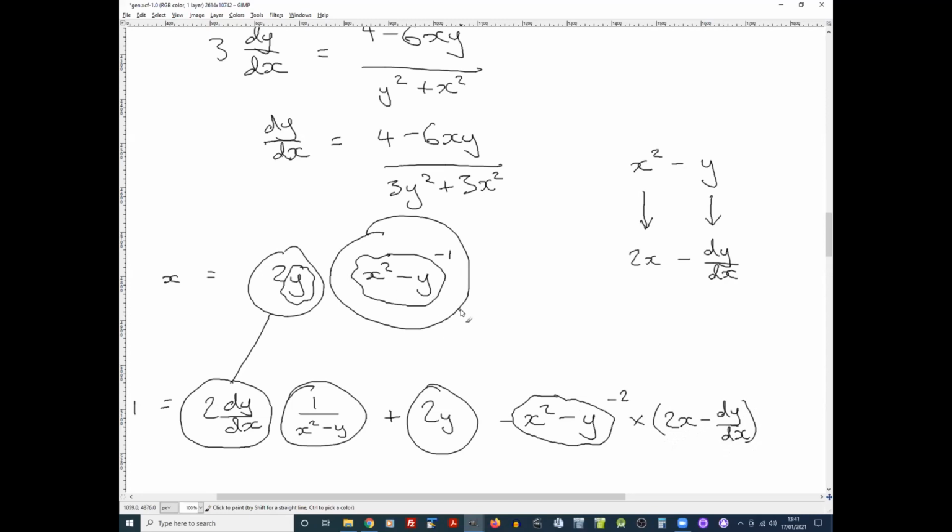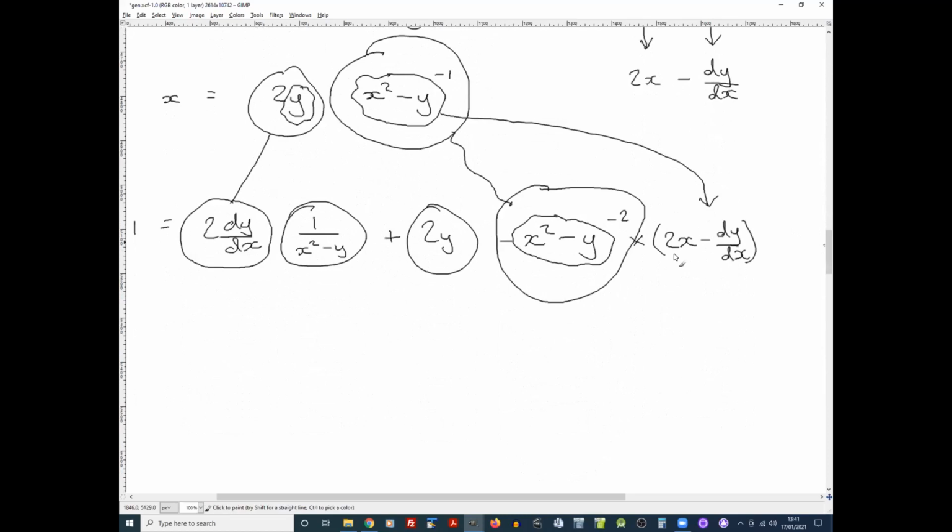So there will be a lot to clear up. Okay. 1 equals. Let's start maybe simplifying. Yeah.